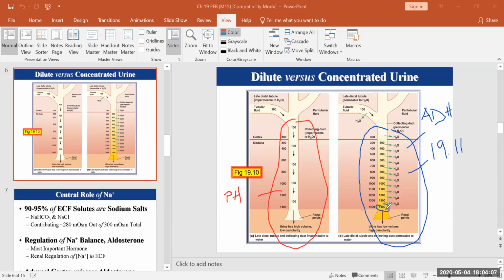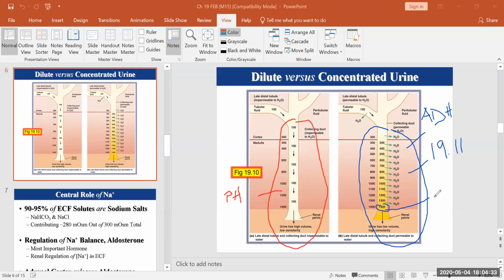You cannot produce more concentrated urine than your own osmotic gradient. And because of that, we always need a minimal amount of water to basically excrete our waste. And that minimum amount of water is called obligatory water loss.